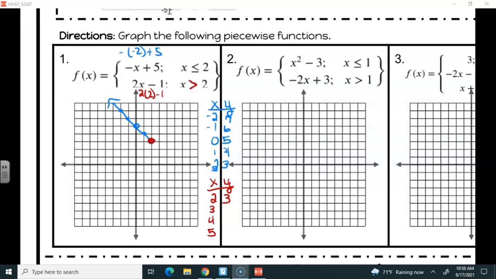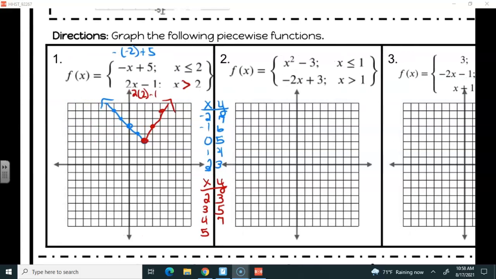Okay, this one is not closed, but since the last one was, you can't open a closed dot. Okay, and then 3 will go in there. 3 times 2 is 6, minus 1 is 5. And then 4, 8 minus 1 is 7. And then that's going to go that way.